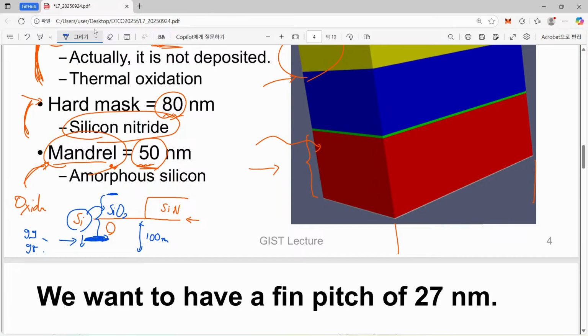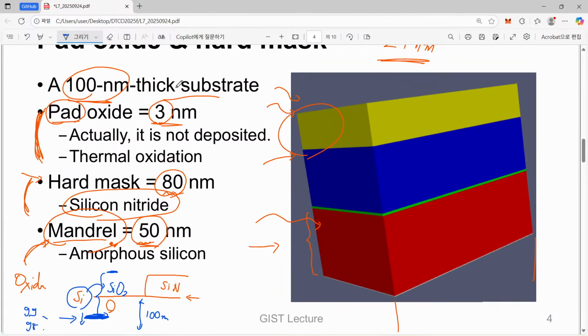But in this calculation, we don't care about that because we do not do exact process simulation. We just want to make a certain model shape of our structure. Please be careful about this limitation. That's the reason why I write it this way.